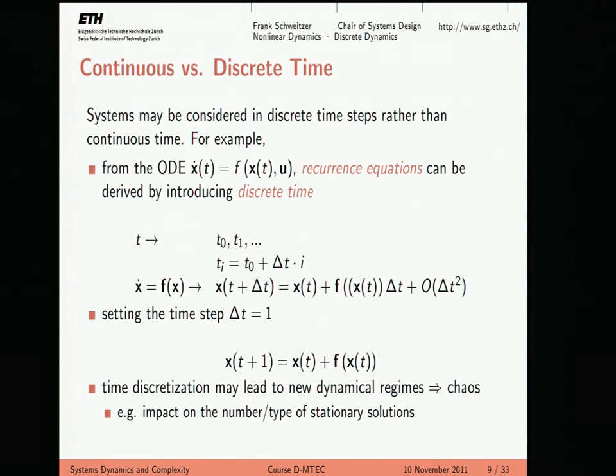Quick introduction to discretization: how we discretize a continuous system. Well, we start with the ordinary differential equation, which is given by this: x dot changes according to some nonlinear function f. Now, we define a time step, right? Continuous means, in theory, that the system is defined at infinitely small time steps. But of course, we cannot have infinitely small time steps. We have a finitely small time step.